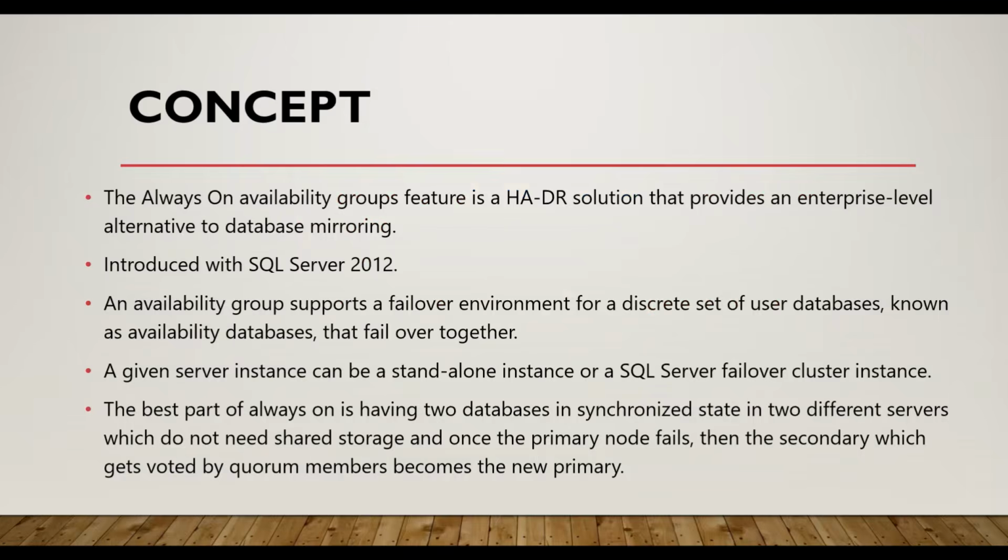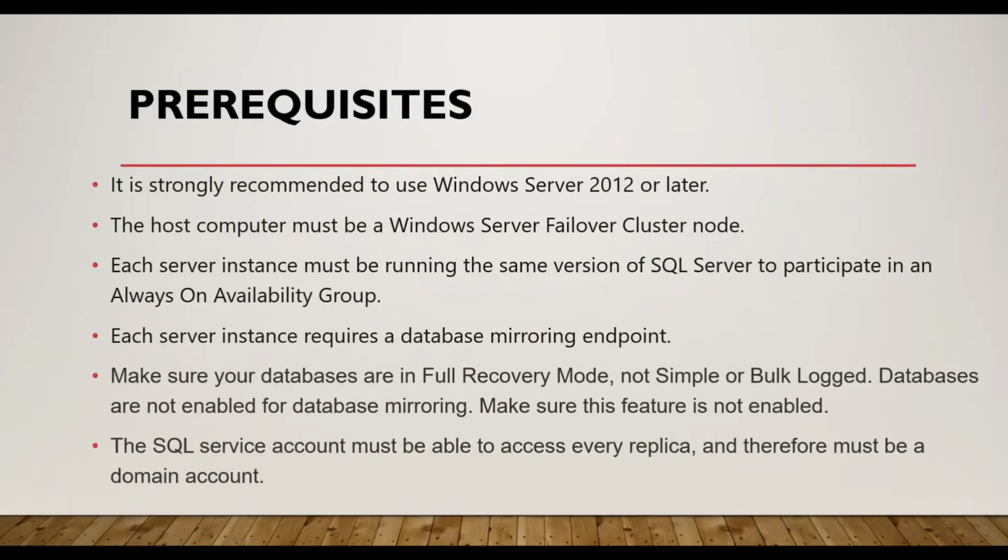So let us see what the prerequisites are. It is strongly recommended to use Windows Server 2012 or later versions, and the host computer should be a Windows Server failover cluster node. The SQL Server versions participating in this should be the same, that is, both should be 2014 or both should be 2016, likewise.